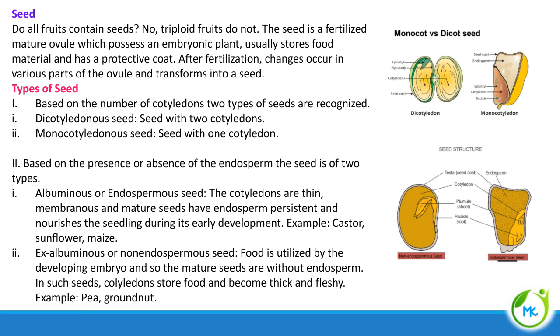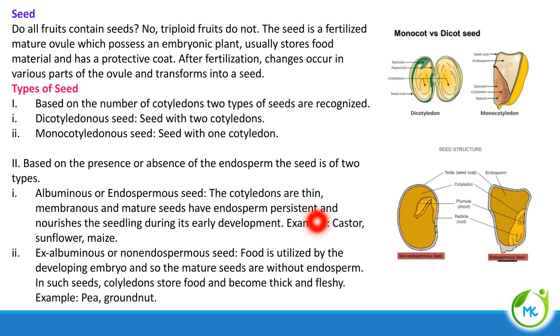Now, let's see, based on the endosperm, how the seeds are classified. Based on the presence of endosperm, the seeds are classified into endospermous seed, otherwise referred to as albuminous seed, and non-endospermous seed, otherwise referred to as ex-albuminous seed. The cotyledons of the endospermous seed are thin, membranous, and the mature seeds have endosperm persistent.